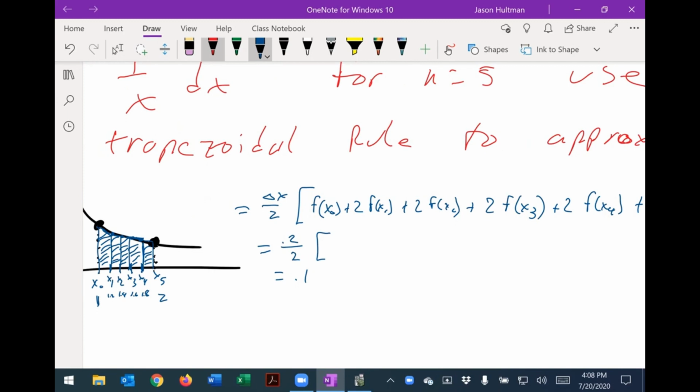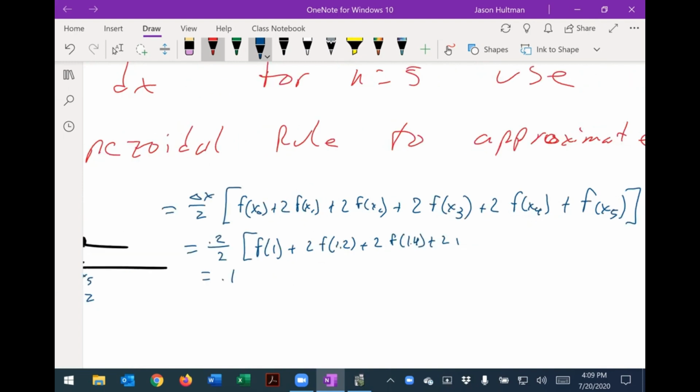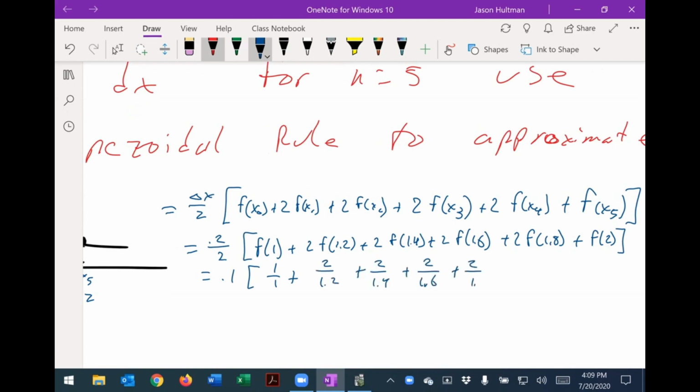That's going to be f of 1, plus 2 times f of 1.2, plus 2 of f of 1.4, plus 2 of f of 1.6, plus 2 of f of 1.8, plus f of 2.0. So this is going to be 1 over 1, plus 2 over 1.2, plus 2 over 1.4, plus 2 over 1.6, plus 2 over 1.8, plus 2 over 2.